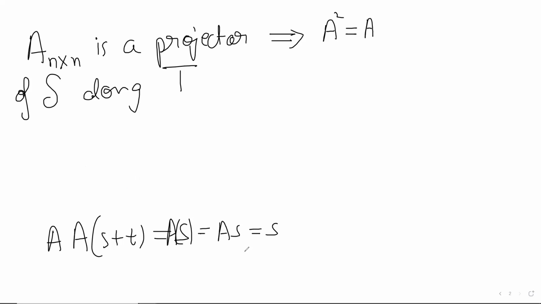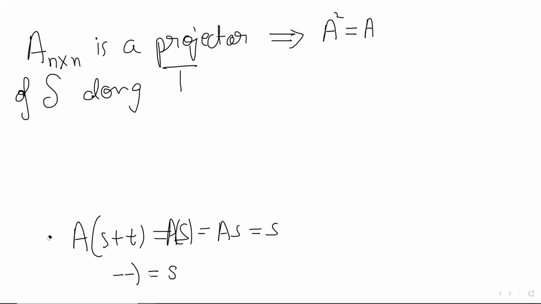We are getting A square of S plus T is equal to S. We want to prove A square equal to A. A square of S plus T equals A square S, equals A square. So tell me, maybe I made a mess.